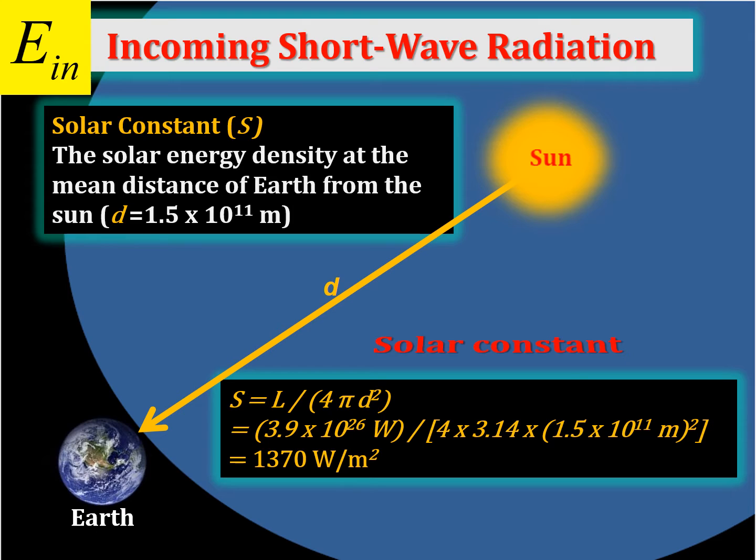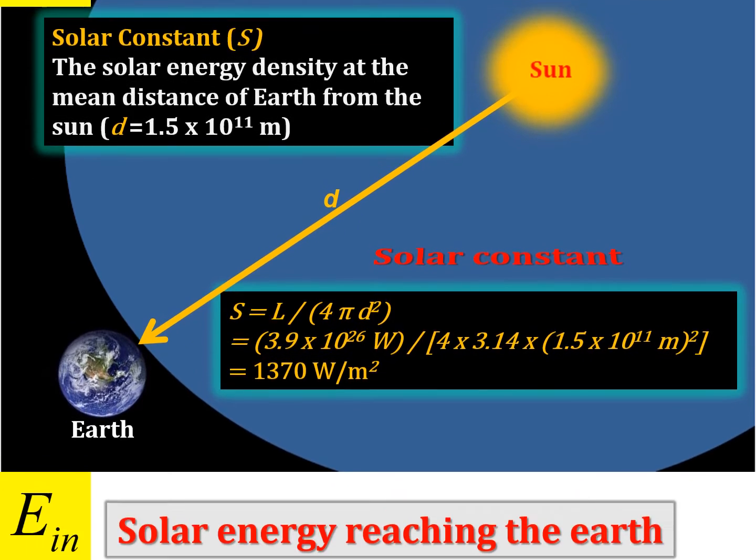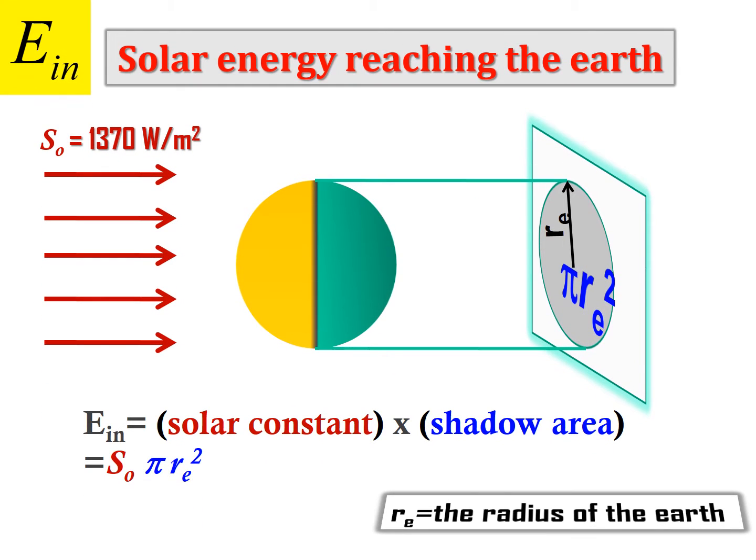So we want to calculate E in, the incoming solar shortwave radiation. Solar constant, 1,370 watts per meter square. The Earth receives energy from the sun only in the daytime, right? Half of Earth's surface.